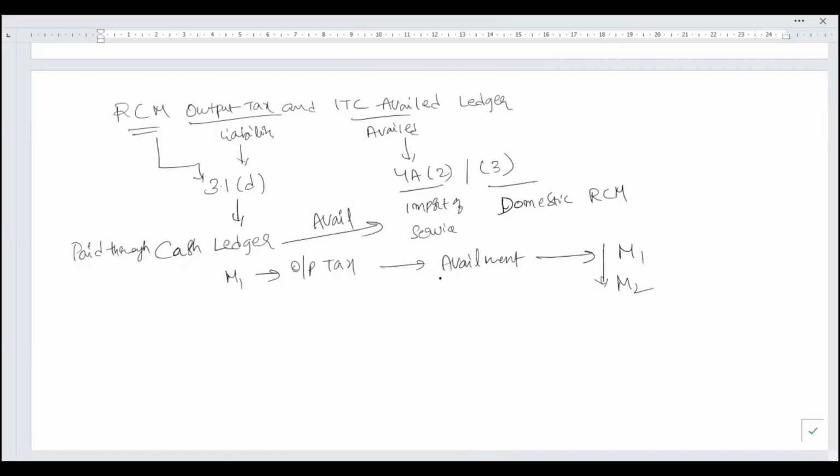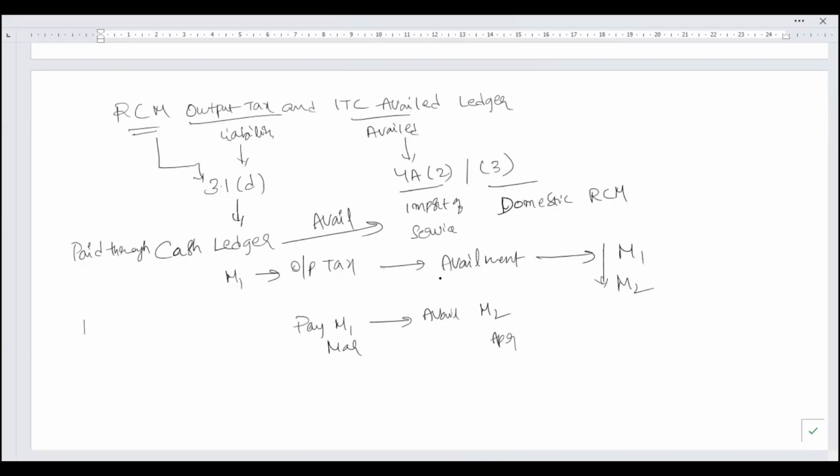Few companies have a mechanism which is coming from service tax era. Under service tax, pay in month 1, avail in month 2. This is how they used to have a practice. Assuming this month 1 happens to be March, my availment happens to be in April.